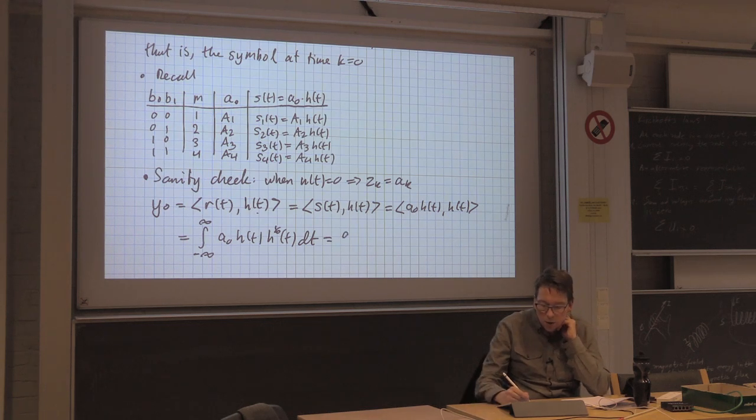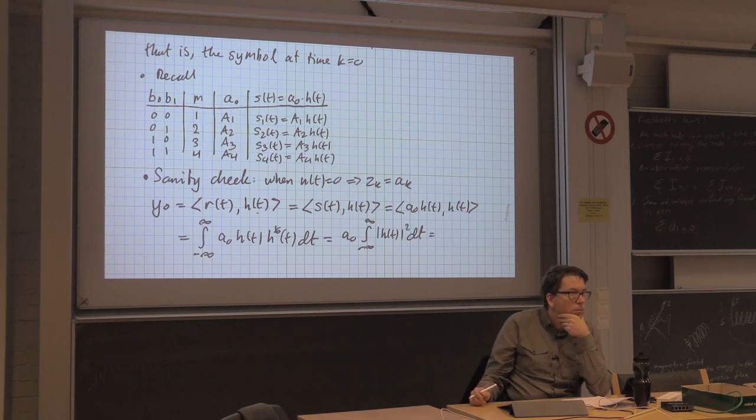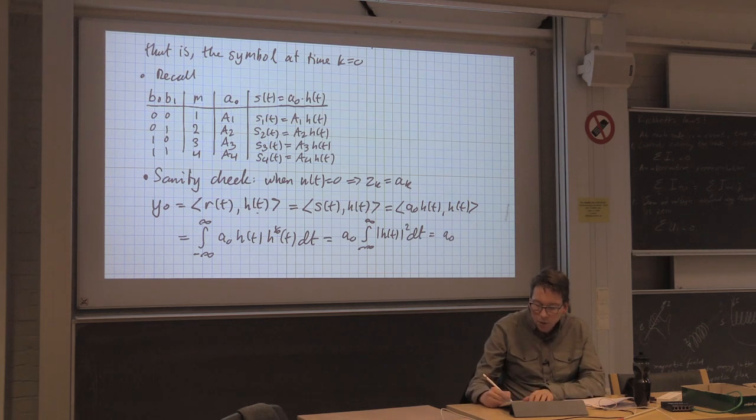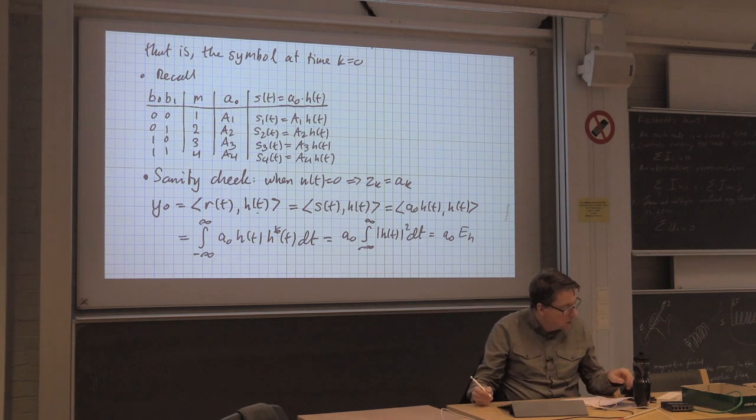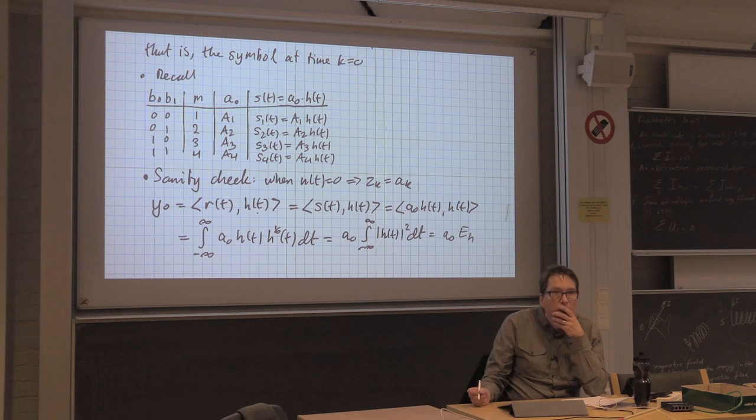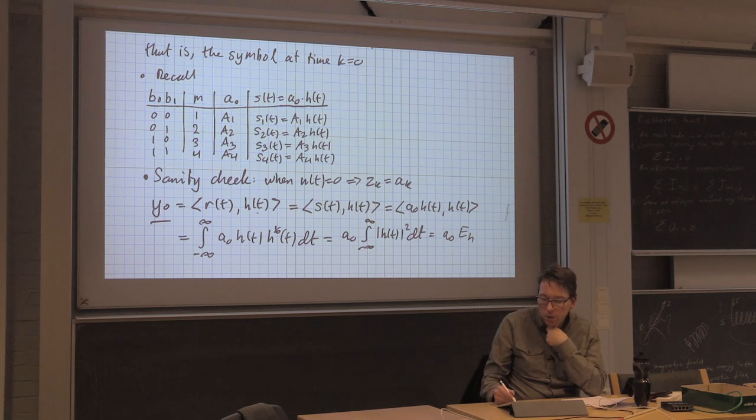We pull out A0, and then we have the integral from minus infinity to infinity of the magnitude of h squared, and this is A0 times E_h. So Y0 is equal to A0 times E_h, and Z0 is Y0 divided by E_h, which is equal to A0.